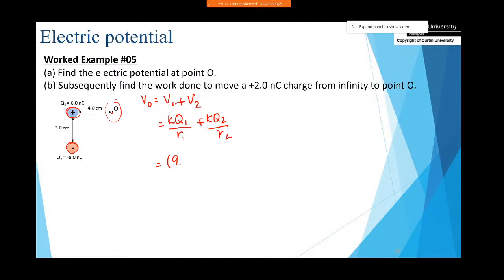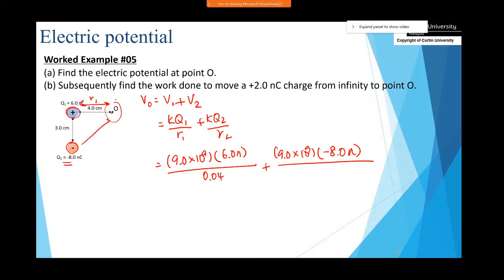So plug in the values. Q1 is 6 nanocoulomb, that will be your r1, which is 4 centimeter. Q2 is negative 8 nanocoulomb divided by the distance, which is 5 centimeter.